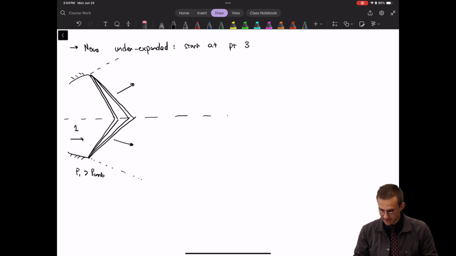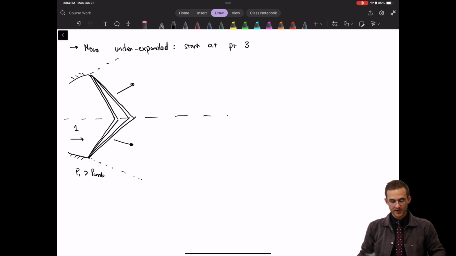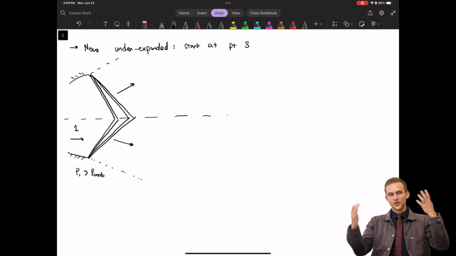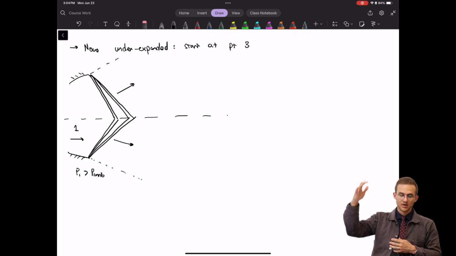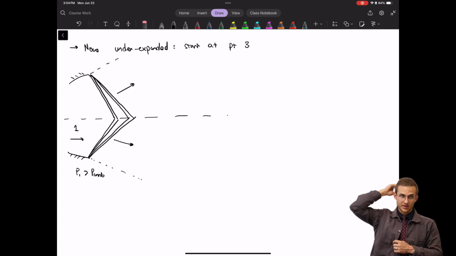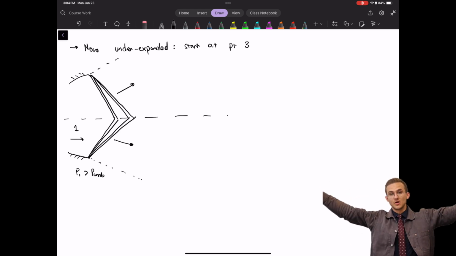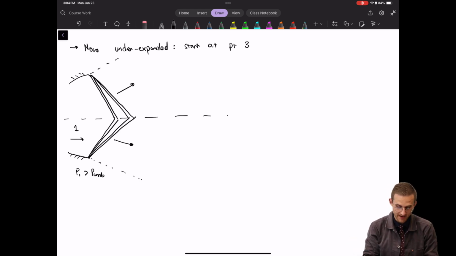You can actually see this if you look at rockets operating, like a long lens photograph of a rocket that's starting to leave the atmosphere. You can see that the exhaust plume gets extremely large. It's like a massive bell shape, and it's because it's going through that expansion right at the exit, and so the plume is spreading out quite large.